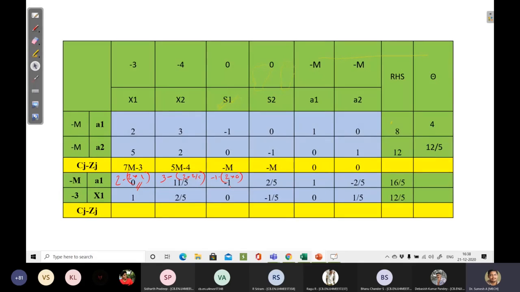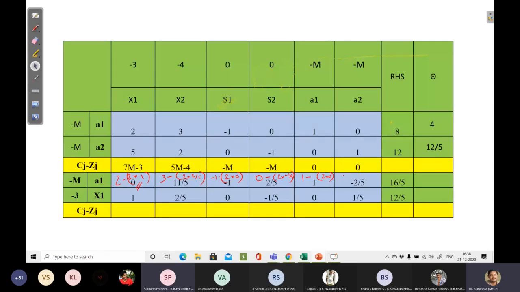Here it will be 0 minus 2 into minus 1 by 5. And here it will be 1 minus 2 into 0. And here it will be 0 minus 2 into 1 by 5.